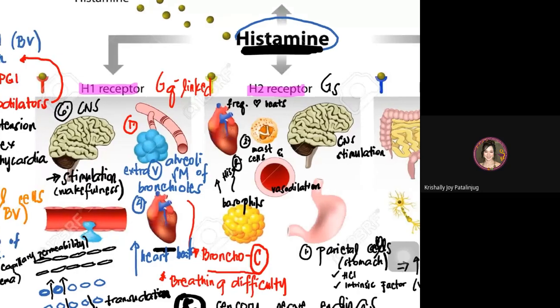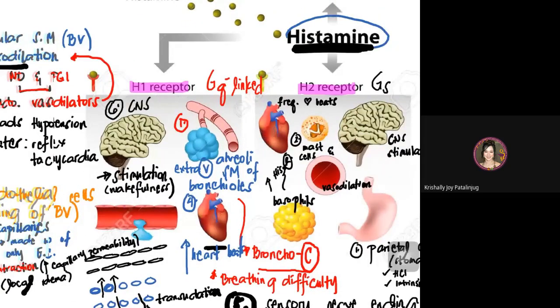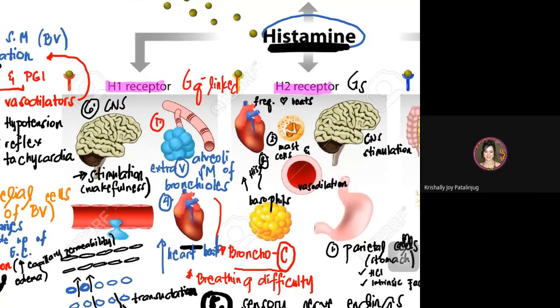And these are the two main receptors of histamine that will be the main target of the drugs that will be tackled later. So I hope you really build a foundation on the effects and location of each of these histamine receptors, histamine 1 and histamine 2.